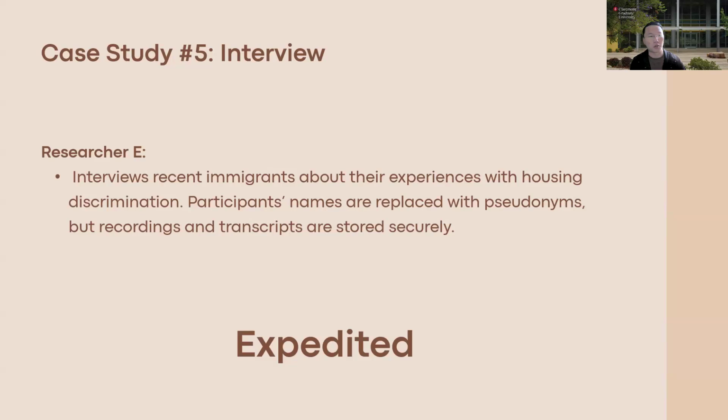The collection of audio and video data is still considered personally identifiable information. But yes, the point about housing discrimination and potentially causing psychological discomfort is a great point. Thank you for bringing that up.